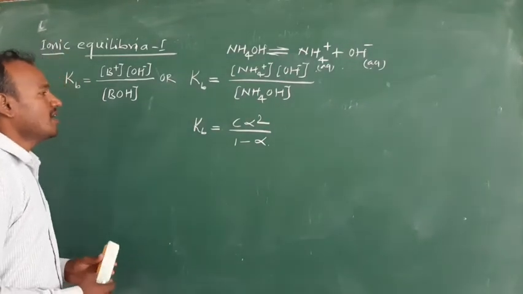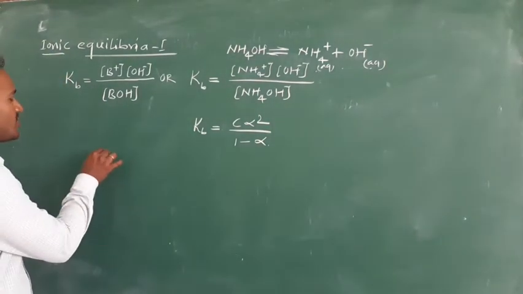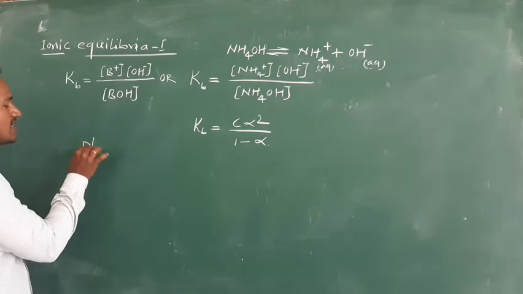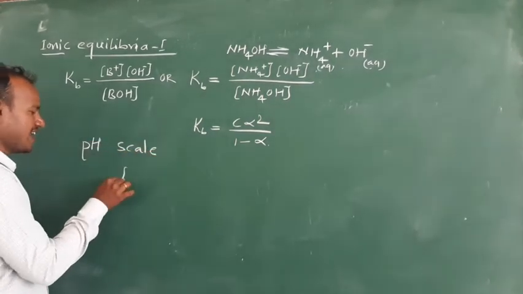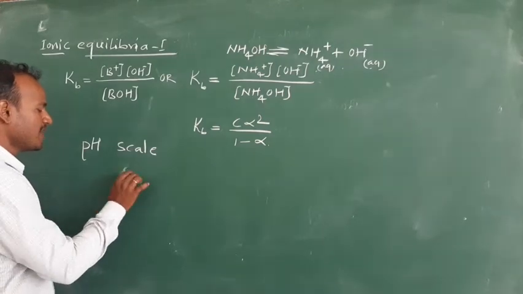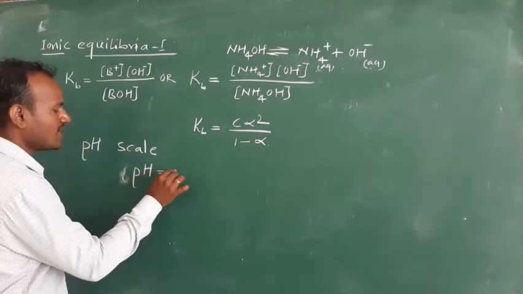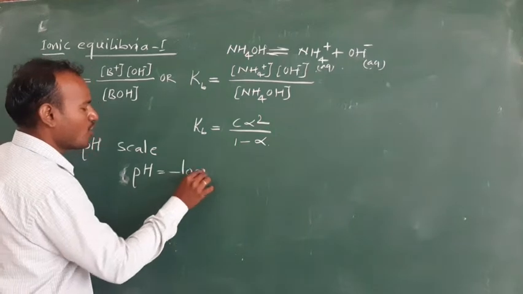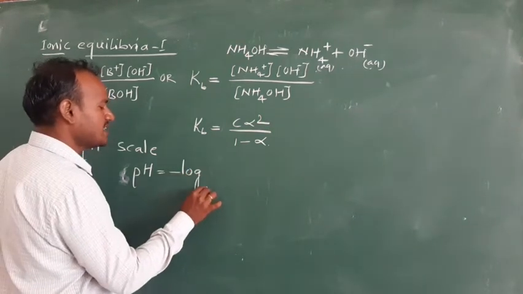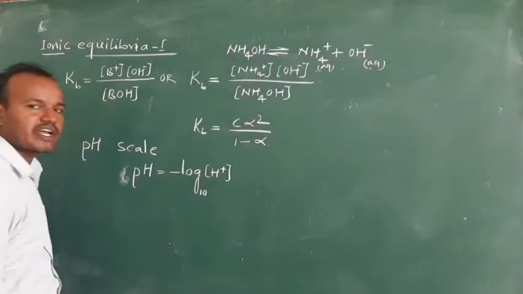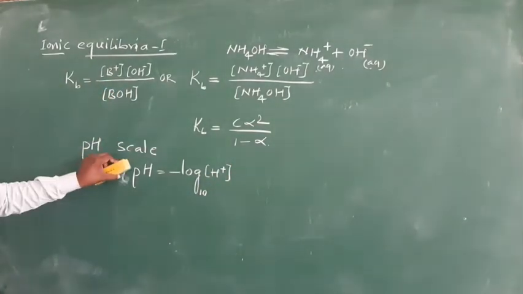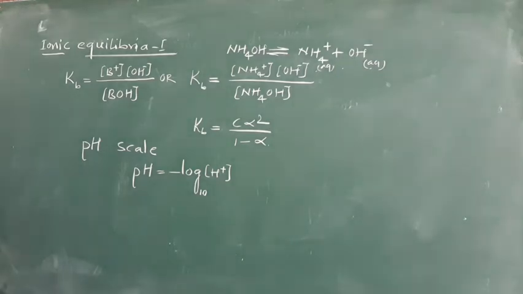After that we also discussed in the previous class the pH scale. By mathematical expression, pH is equal to negative logarithm to the base 10 of the molar concentration of H plus ion. In this way we defined the pH scale.